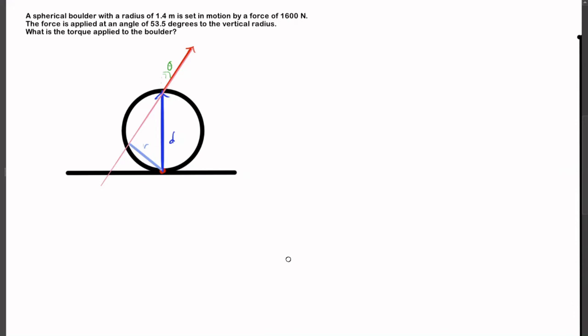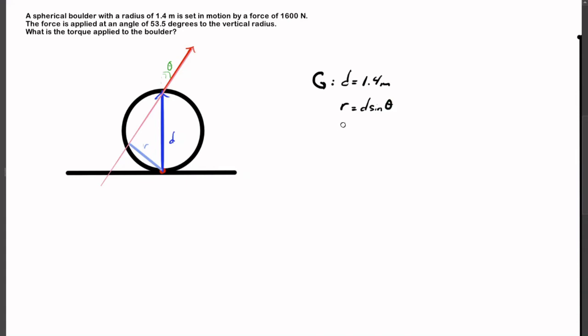Okay, so getting on to the GUESS method now. We've got G. All right, what do we know? Well, we know d. But we'd kind of like to know what r is. So we can find r because it's equal to d sine theta.